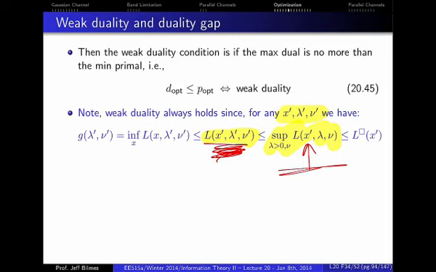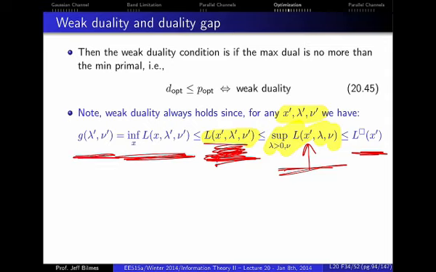And this thing, moreover, is going to be less than or equal to L box. Because L box basically says, if any of the constraints are violated, then you're going to get infinity. On the other hand, starting from the Lagrangian again, for any value of x prime, lambda prime, nu prime, if we take the infimum, the minimum over x, that's always going to be a lower bound.